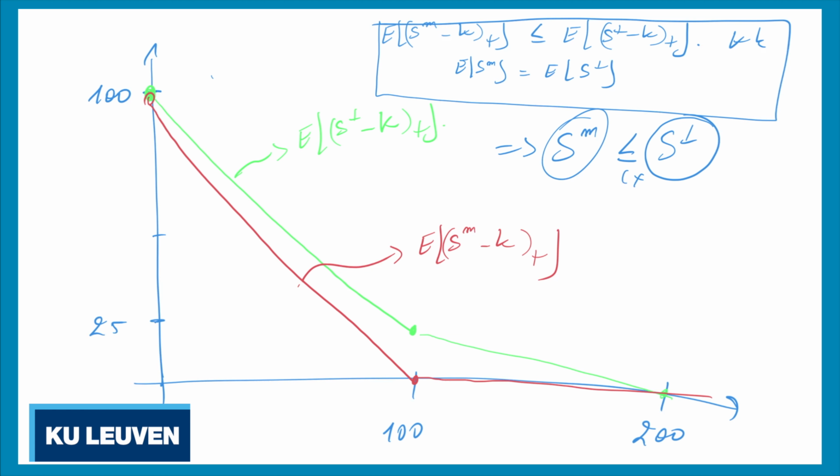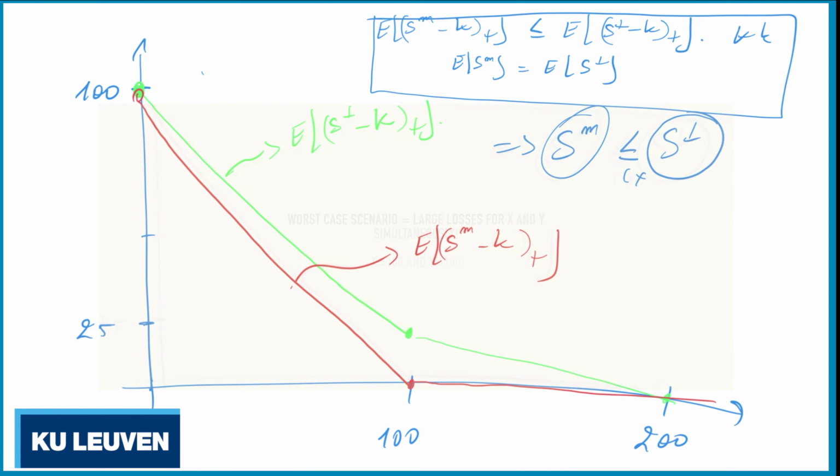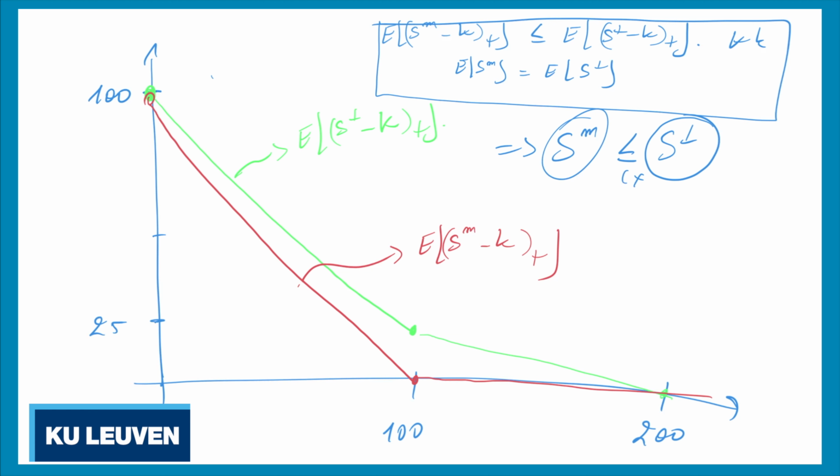So what is the worst case situation that can happen when you have two of these risks? The worst case situation is when X and Y are both taking the value of 100. You want to avoid that. In the independent case, this happens with probability 1 over 4. It's as likely as the other situations. But in the mutually exclusive way, this has probability 0.